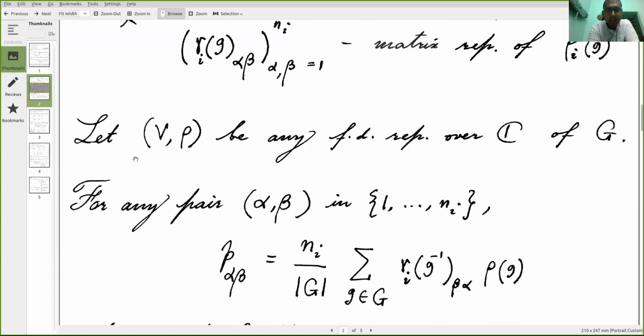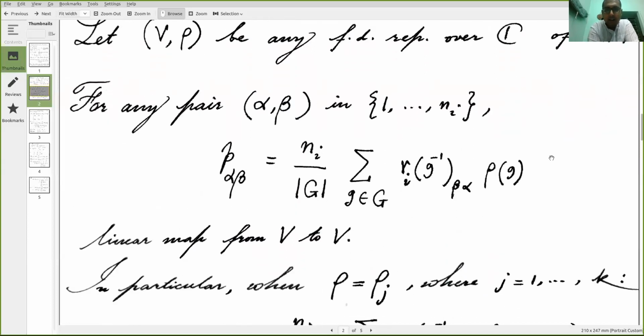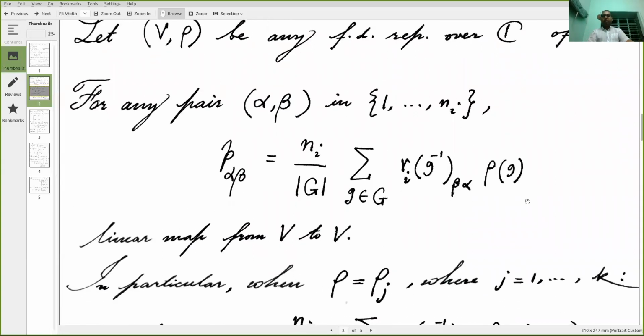Given any representation rho on a complex vector space V, for any pair alpha, beta in 1 up to Ni, we can define the following linear map from V to V. How is this defined?